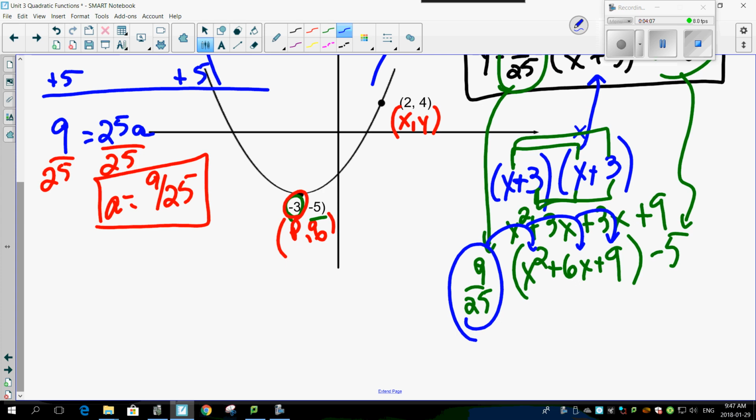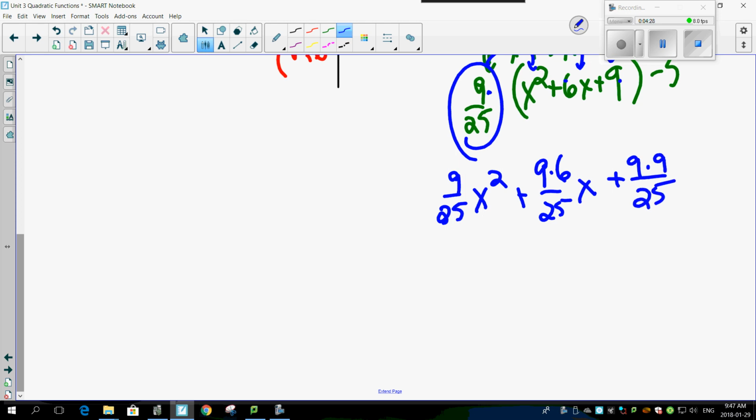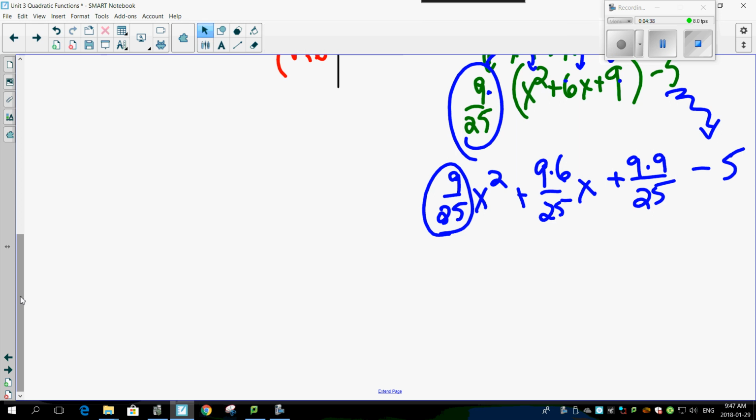So this distributed gets you 9 over 25 x squared plus, look at that, 9 times 6 over 25 x plus, look at this, distributed to that, 9 times 9 over 25, minus 5 is still there. So that minus 5 just tails in at the end there. Notice how this a value has not changed, and it will not change, and I'm going to prove that to you in a second. Let's start simplifying this.